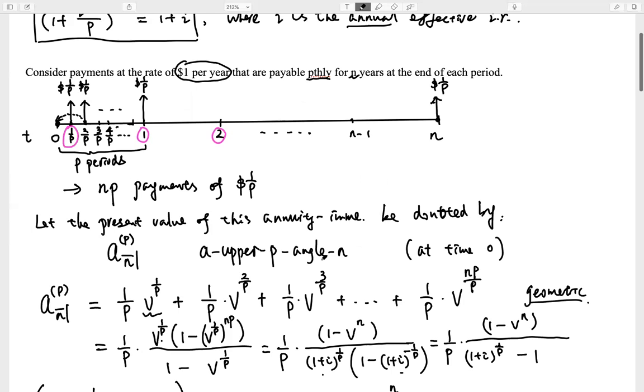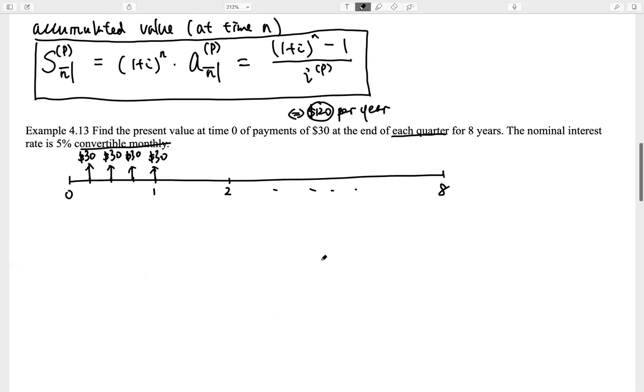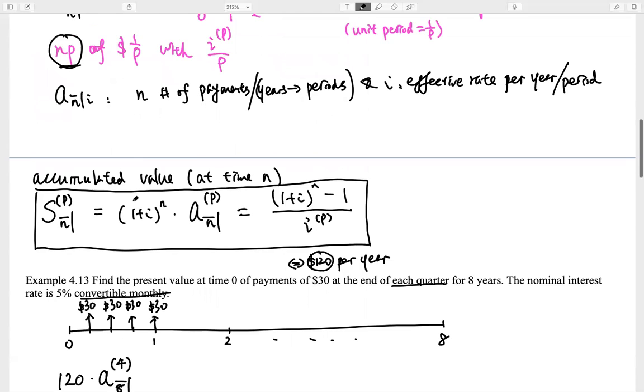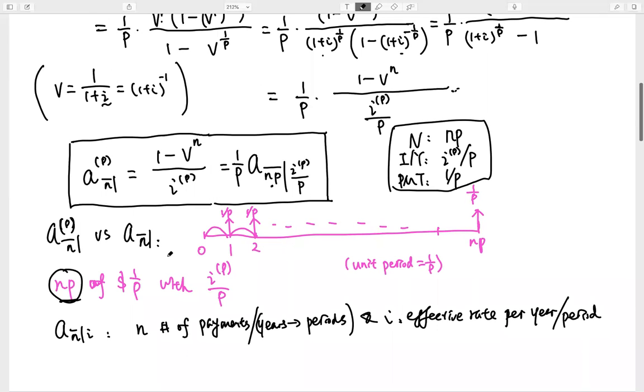Now it's $120 per year. So at least in terms of notation, we would have 120 times a. On top, it would be the number of payments, so it's P. So here is quarter, so there are 4 payments a year. And at the bottom, it would be N. N is 8. So that would be the notation, right? According to what we introduced down here.